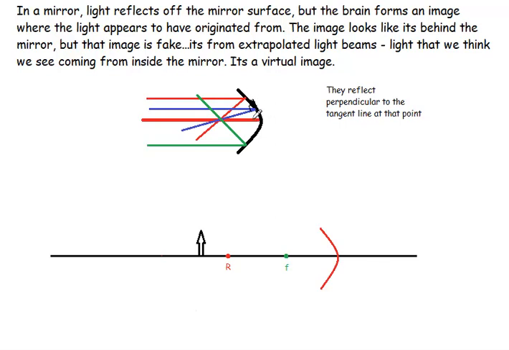So if it comes straight in, this will be perpendicular. If it comes straight into that center point, it will be reflected straight back, because if we remember our geometry, a tangent line is exactly perpendicular to the radius.